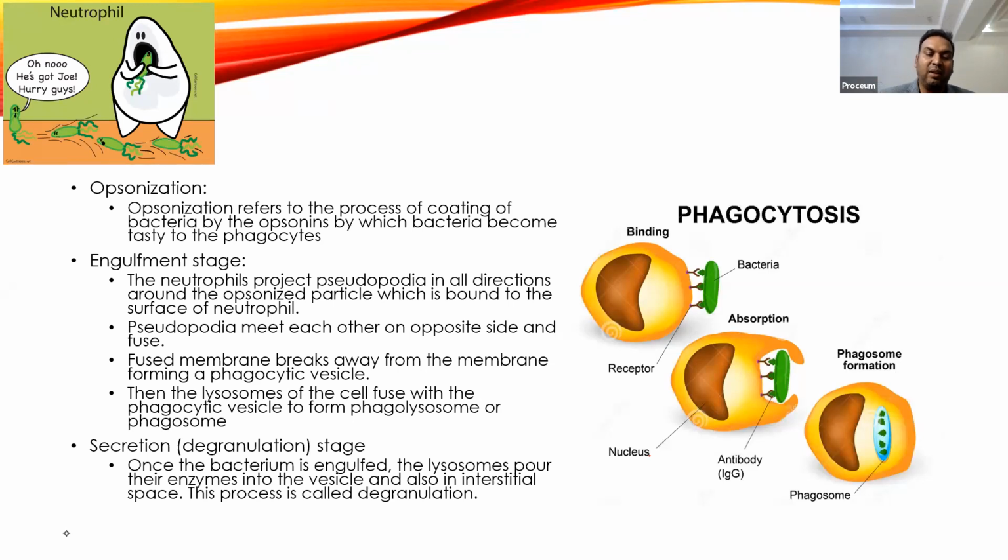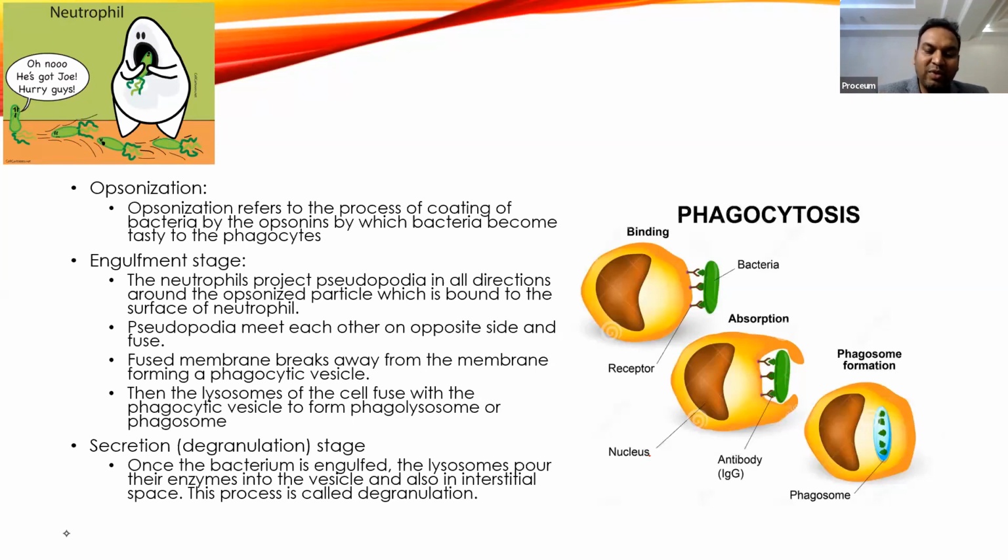The substances which do this opsonization are called opsonins. So these complements or antibodies are called opsonins. Opsonins will form a coating around the bacteria, and the neutrophil has receptors for those opsonins.